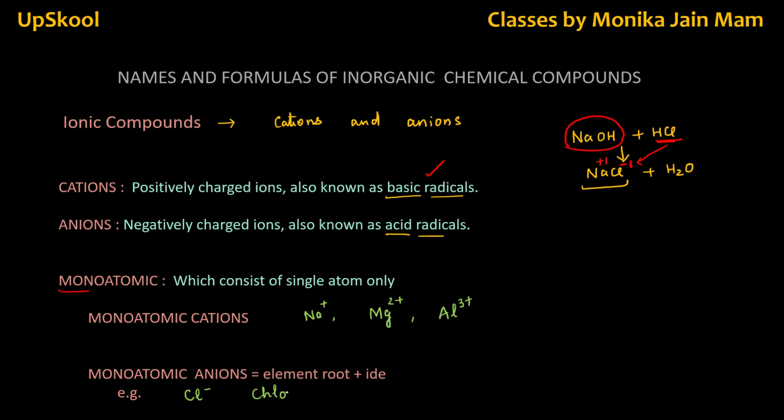So it is chloride. Sulfur 2 negative. What is the elemental root? Sulf. It is sulfide. O 2 negative. The root is ox, oxide ion. Of course, we use the word oxide ion.